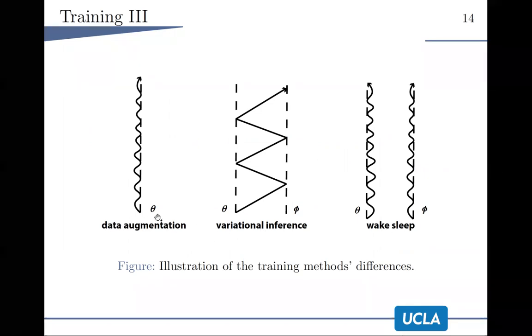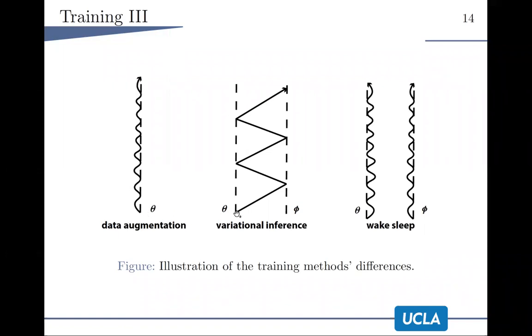Data augmentation directly goes on optimizing the data, and variational inference uses the two variables, trying to optimize them one by one and go to the maximum point.